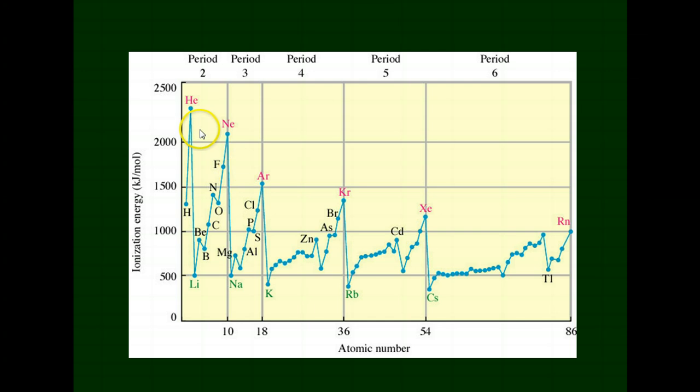We can also see more specifically with the noble gases, because they're going to require a significant amount of energy compared to our alkali metals. We can see that there definitely is a decrease in the amount of ionization energy required as we get further down that group of elements, group 18. And you'll see similar trends with the other groups.